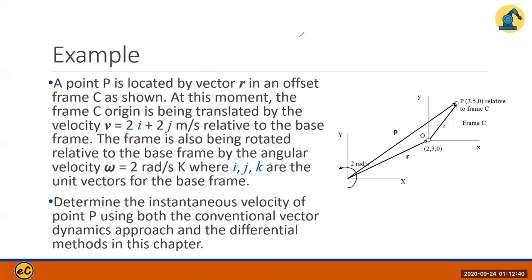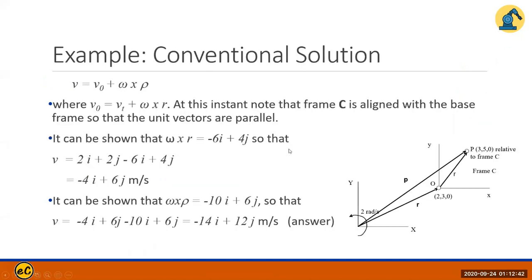Under this condition, we can use the conventional solution. V equals V naught plus omega cross rho, and you can use that to figure out the speed. Basically, you have two vectors. One is from here to here, the other one is from here to here, and you have the composition of these two vectors. You can calculate this.